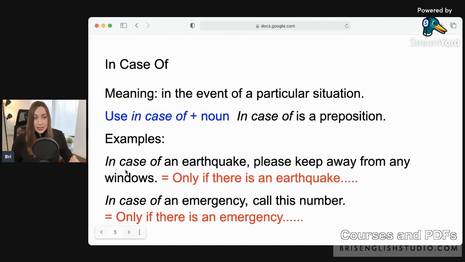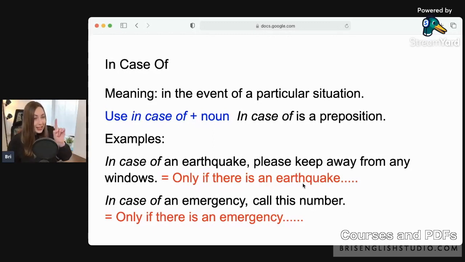So let's look at these examples. In case of an earthquake, so here we have a noun, an earthquake. In case of an earthquake, please keep away from any windows. That means only if there is an earthquake, keep away from all of the windows. If there's no earthquake, of course you can go near a window.